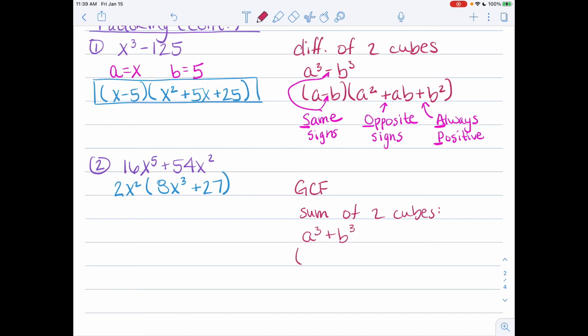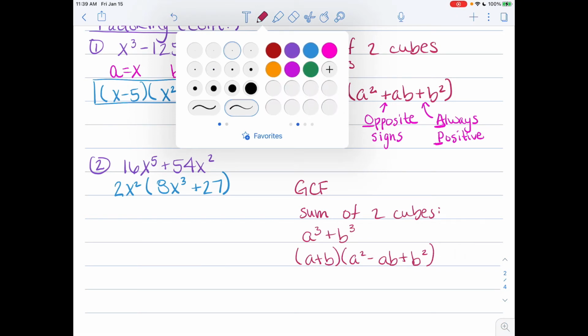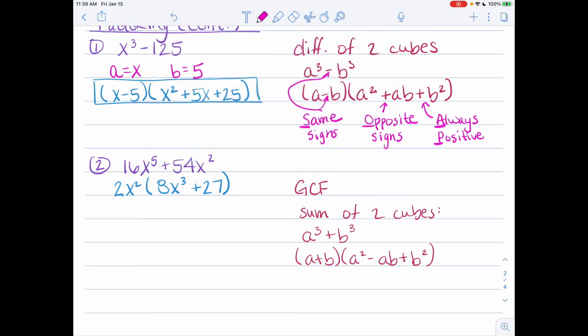And my equation is going to be a plus b, a squared minus ab plus b squared. Again, just to reiterate, same sign here, and then opposite sign and always positive.